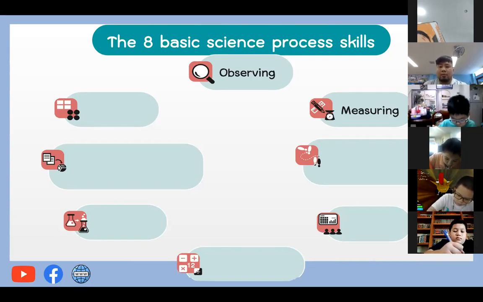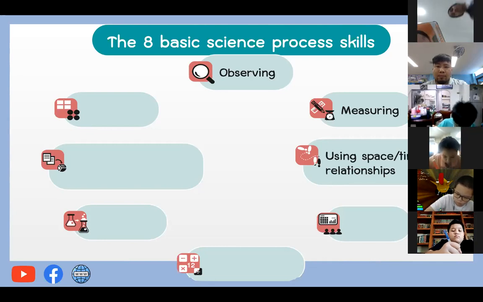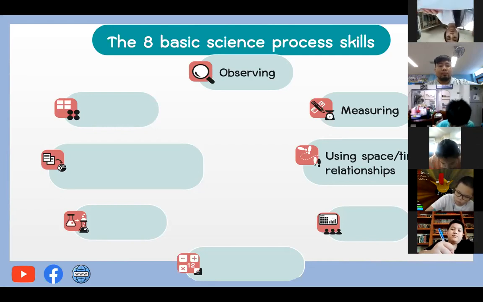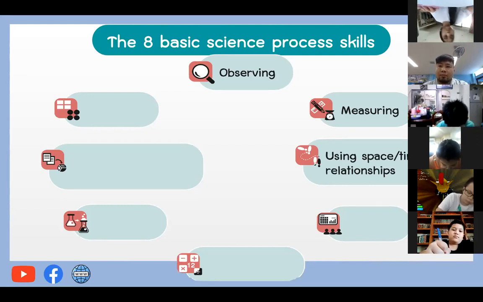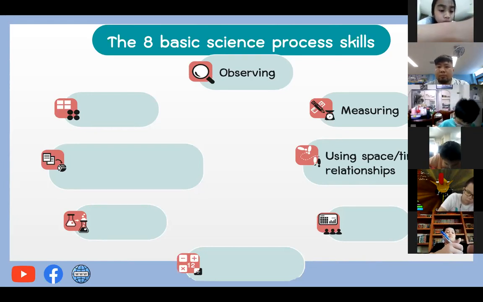Number 3, relationship, using space, time, relationships. Number 4, inferring.